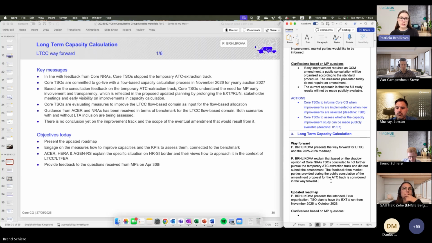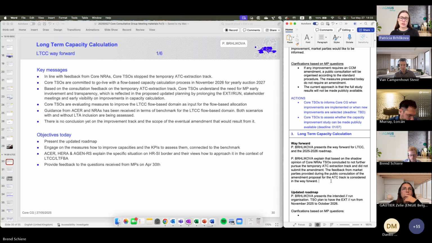We are also in a regular exchange with ACER and NRAs. Here we have received feedback in terms of what sort of refined benchmark the LTCC flow-based domain should be compared to, and what sort of sizing we should target. But then we are also assessing both scenarios with and without LTA inclusion.